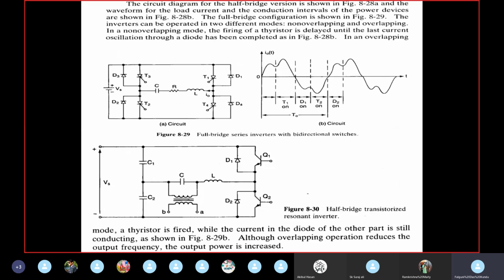This circuit diagram shows a full bridge series inverter with bidirectional switches, and this is the waveform of the full bridge series inverter.